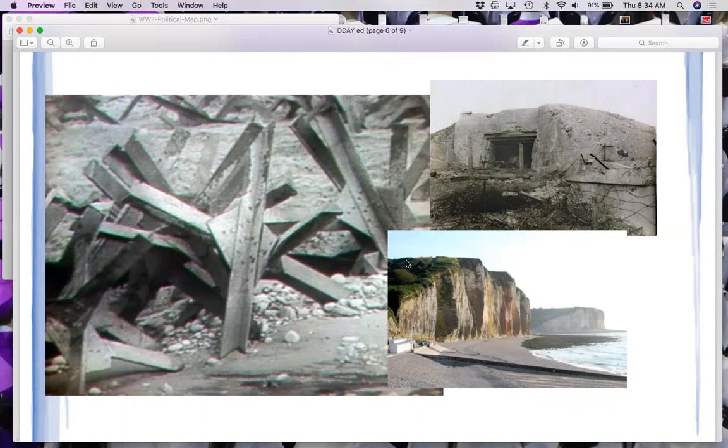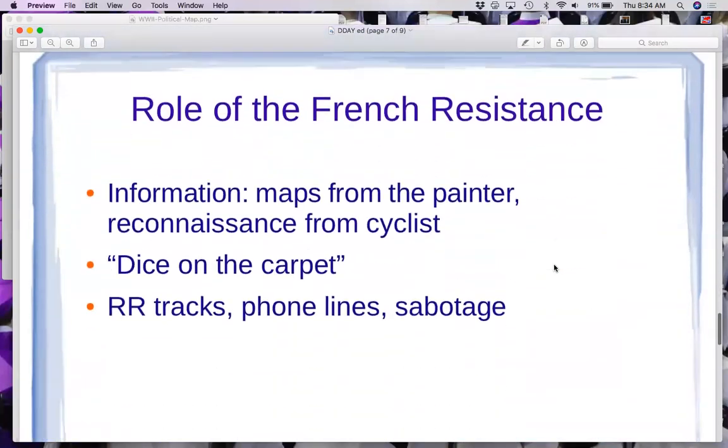No matter what, this was always going to be a really risky, crazy operation. And just to make things worse, up on the top of these cliffs were these German bunkers that had machine gunners at the top, who had sights on the beach, so that if anyone tried to land, they would be mowed down by machine guns.